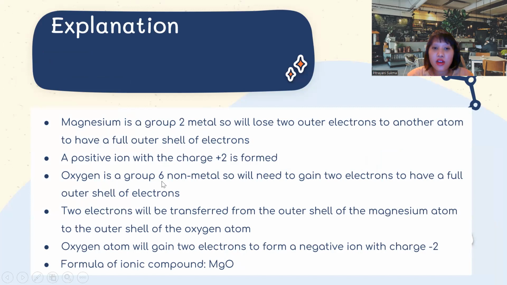Oxygen is a group 6 non-metal, so oxygen needs to gain 2 electrons to have a full outer shell of electrons. 2 electrons will be transferred from the outer shell of the magnesium atom to the outer shell of the oxygen atom. The oxygen atom will gain 2 electrons to form a negative ion with charge -2. So it makes the ionic compound magnesium oxide, MgO.